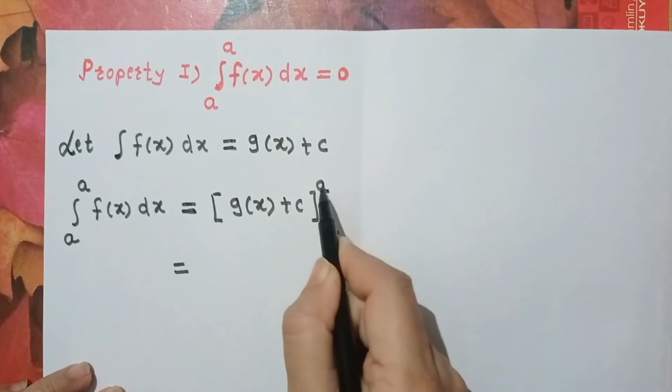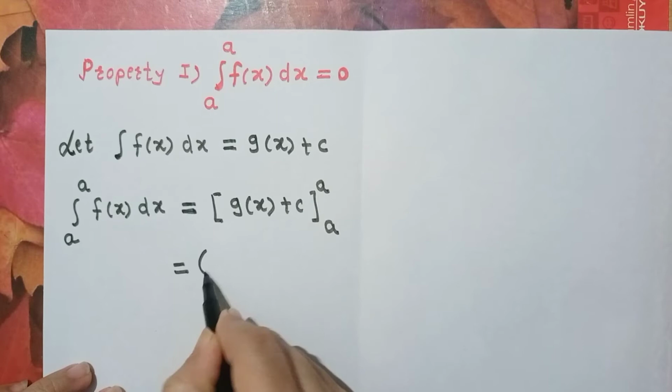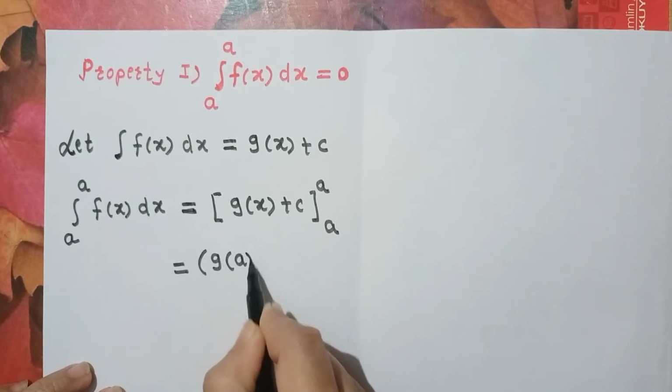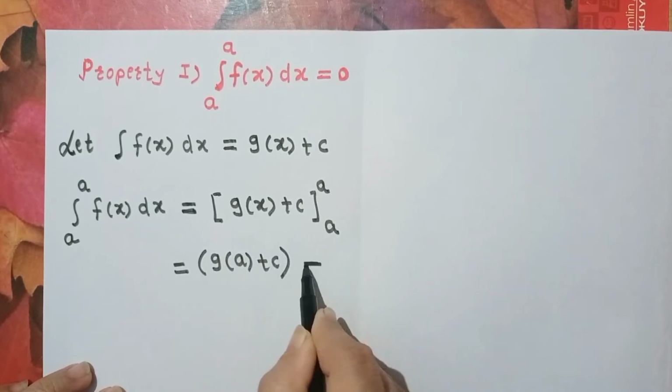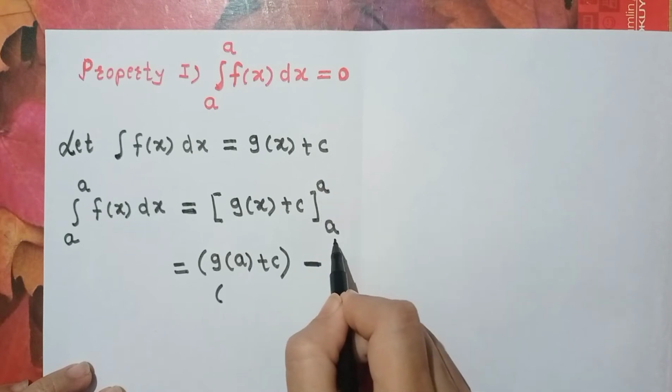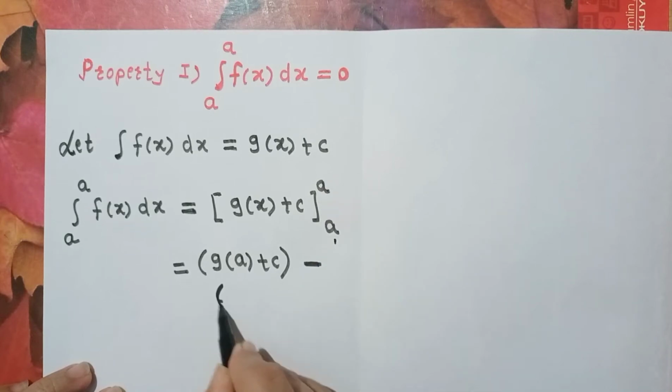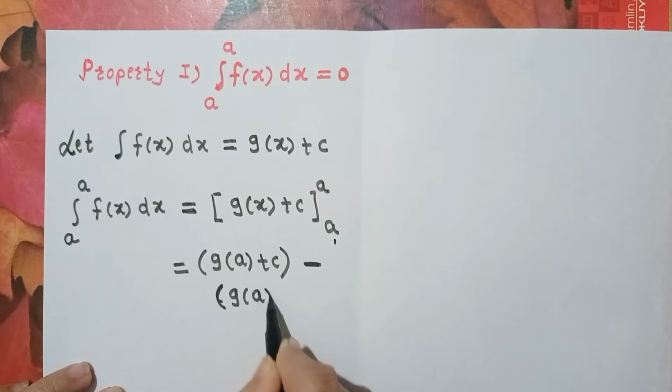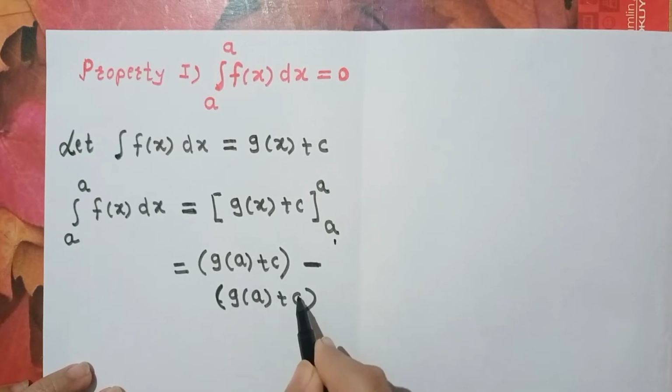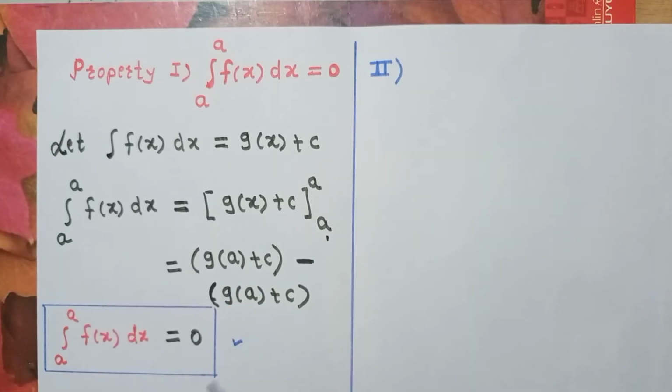And then we will substitute first upper limit. So we have g of a plus c, then middle sign minus. Then we will substitute this lower limit, which is again g of a plus c. Same bracket is subtracted from same, so we have 0. So we have proved this first property.